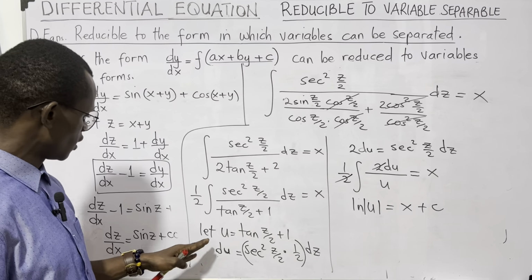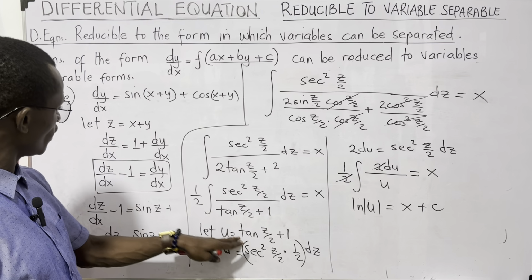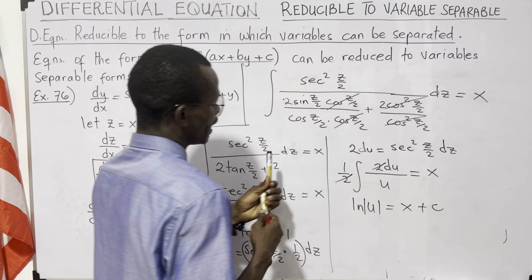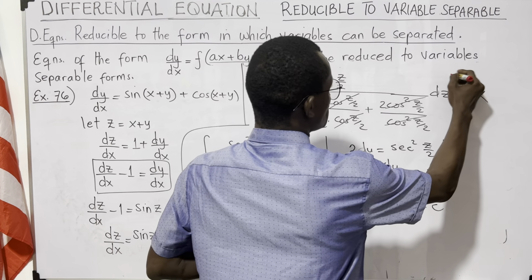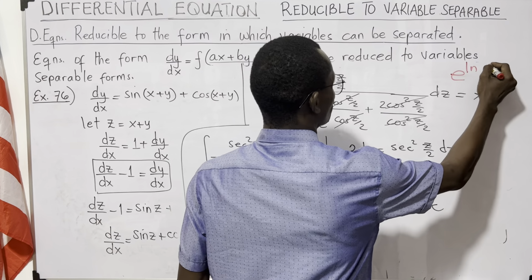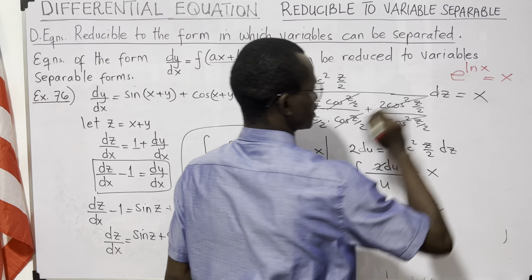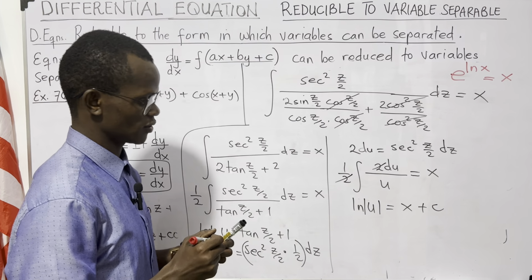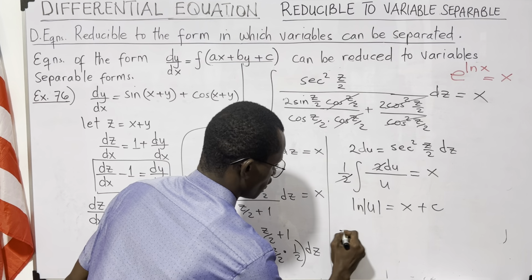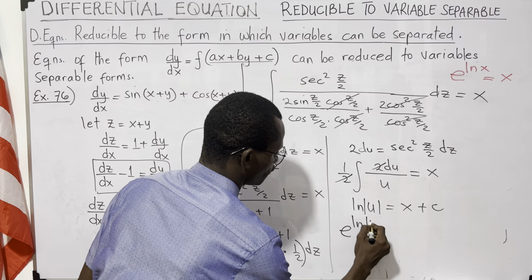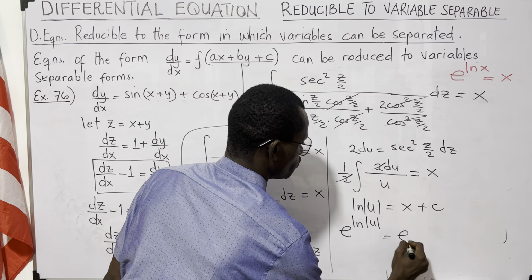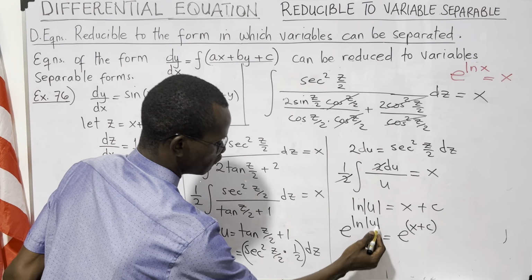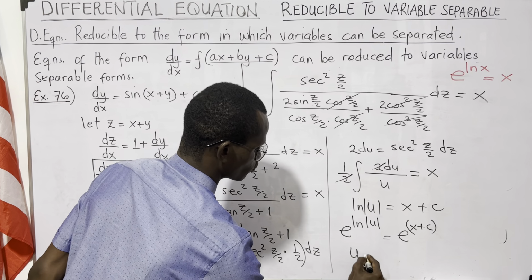Now, before bringing in the values for u and z, we can solve for this u. We know that e raised to the ln of x is just equal to x. So e raised to the ln of any expression is equal to that expression. Similarly, if we take e on both sides, e raised to the ln of u equals e raised to x plus c. e raised to the ln of u will just give us u.